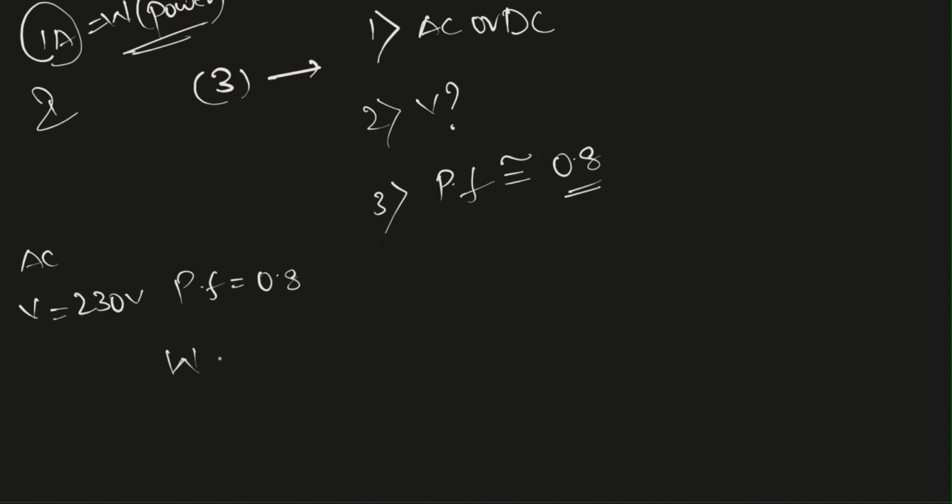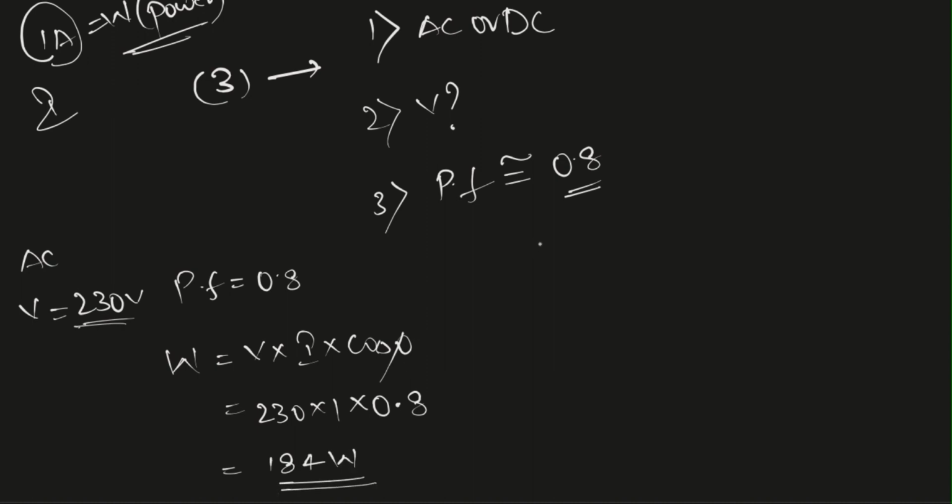It's a single phase AC circuit, so wattage equals voltage into current into cos phi. The voltage is 230 volts, the current is 1 and cos phi, the power factor, is 0.8, and your wattage will be 184 watt.